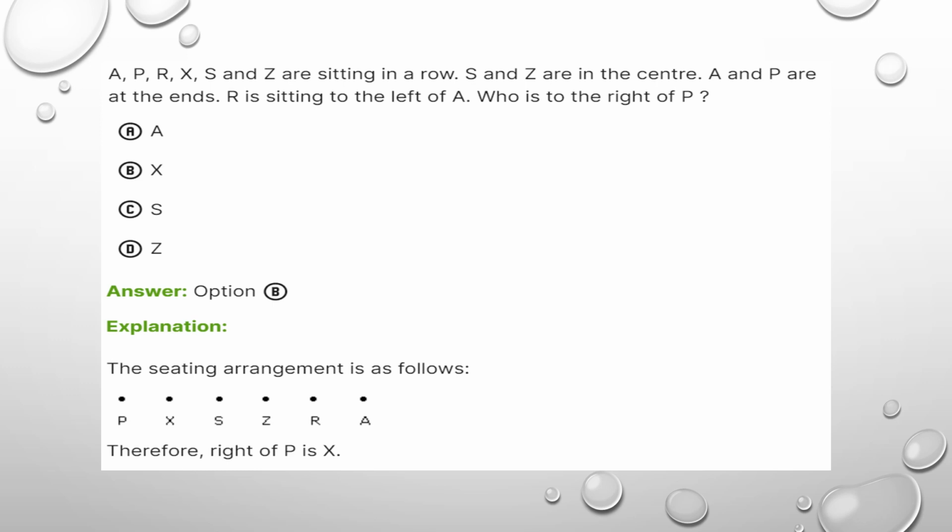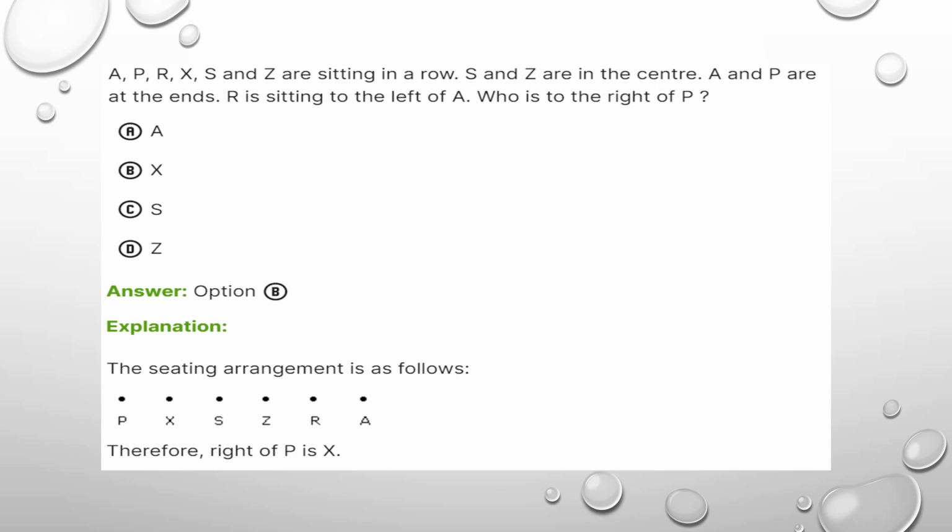Now coming to the second sentence in the question: A and P are at the ends. So you can fix them at the ends, but we are not sure whether A comes to the right end or P comes to the right end.